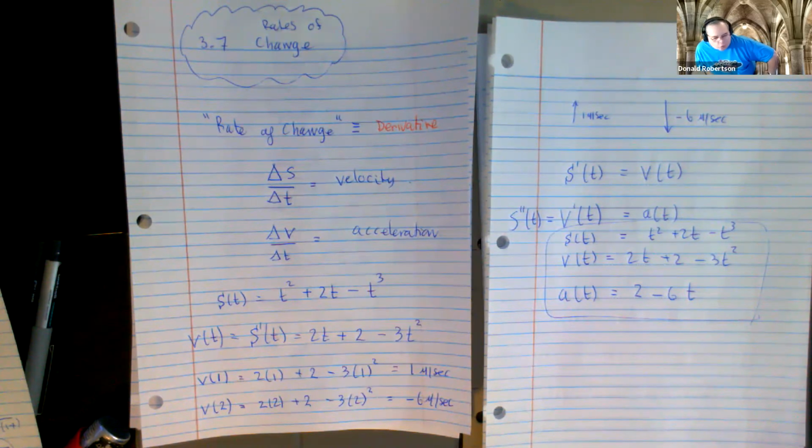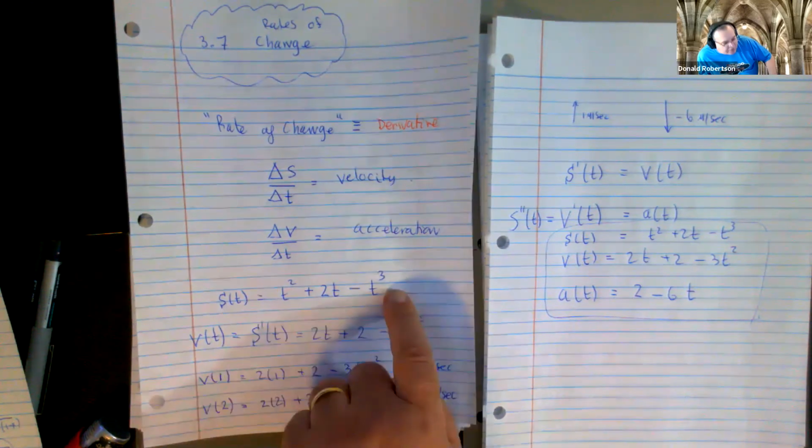If I know the cost of an item at any given production level x, then I can find the rate of change of that price by just finding its derivative. So I want you to think, when you see the words rate of change, we're differentiating something. And you just need to find out what that something happens to be.